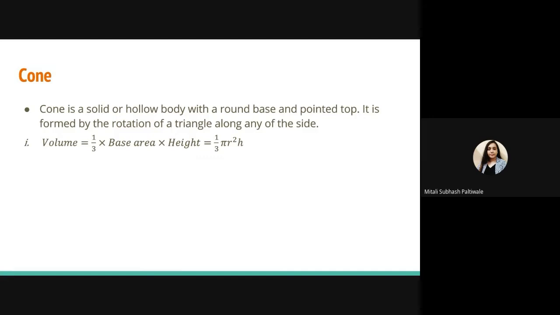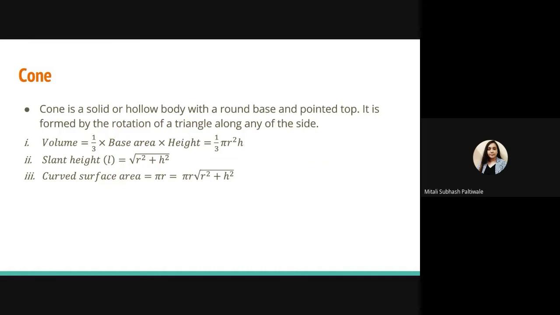Now, the slant height decides how large the cone is. It is nothing but root of r square plus h square, where r is the radius of the base circle.